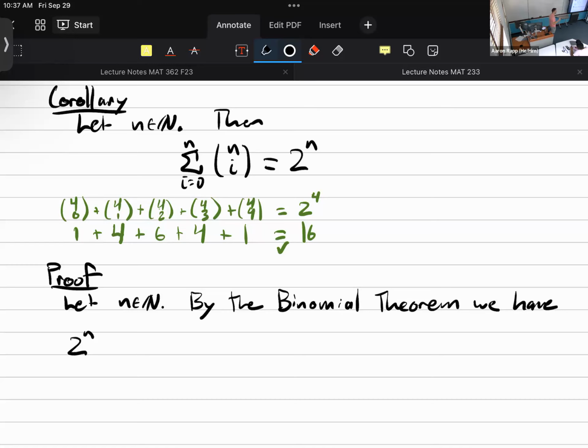Well, how can I rewrite 2 to the nth power so that I see a binomial raised to an nth power? Plus 1. I can view this as 1 plus 1 raised to the nth power.